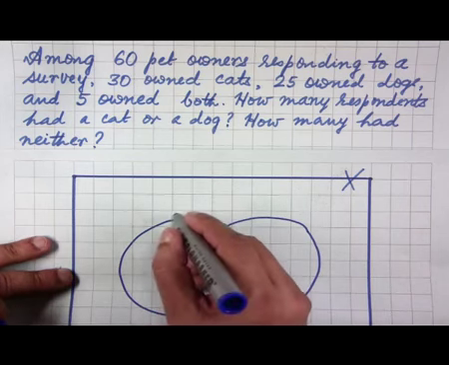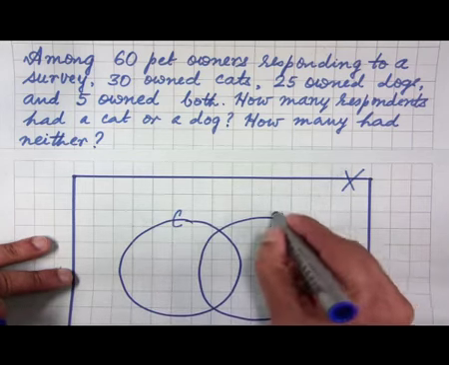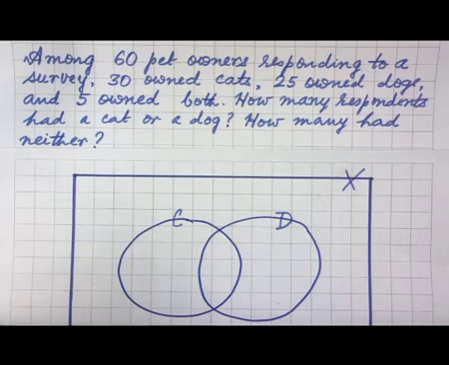I will call the first set C and the second set D. It would probably have been simpler to use A and B, but I think it's more natural to use C and D. Obviously, C is a set which talks about the pet owners who owned a cat. D is a set that talks about the pet owners who owned a dog.